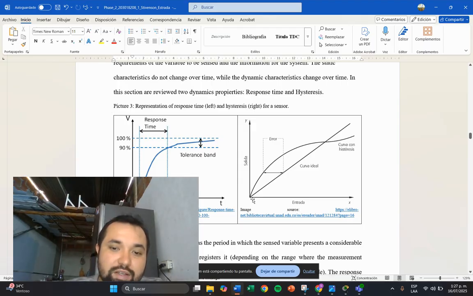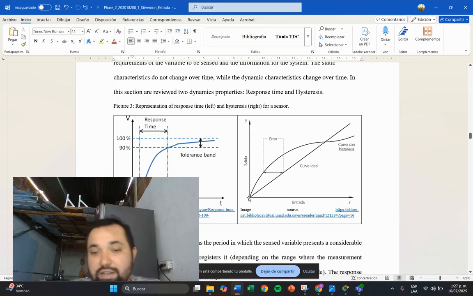On the other hand, the hysteresis is the error in the measurement relative to the ideal output curve. Okay, the ideal curve has this shape, and the real measurement has this shape.